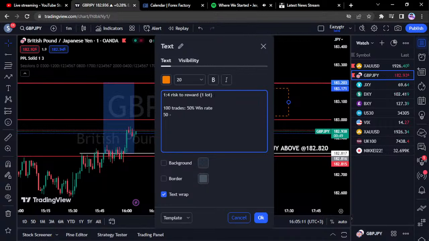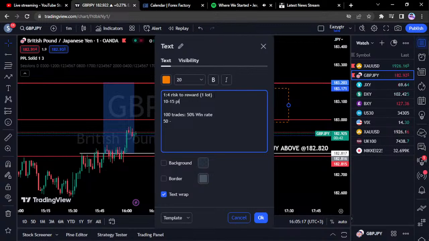So 1 to 4 risk to reward, 1 lot, and my stops are usually between 10 to 15 pips stop loss. For easier math, let's use 10 as our stop loss and take profit 40.